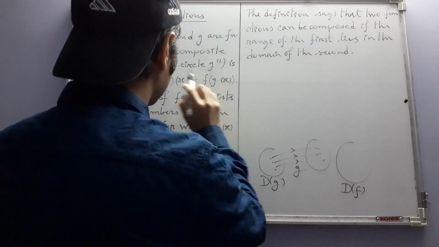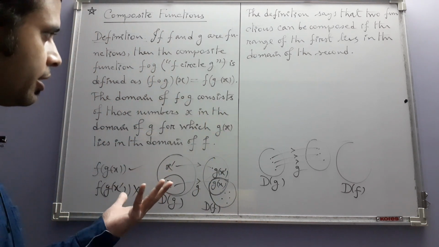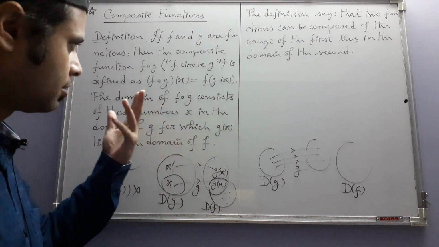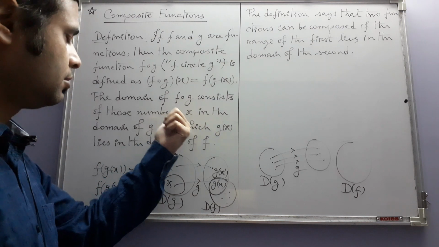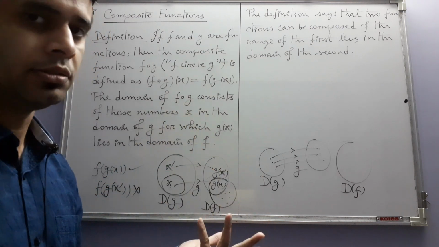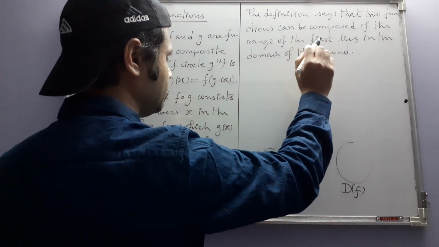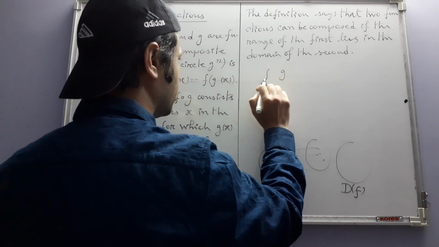If we are thinking of the two functions as f and g, then in the context of forming f circle g, which we also say as f composition g, the first function that we are calling here is g, not f.